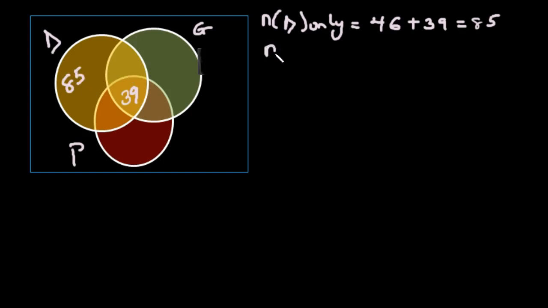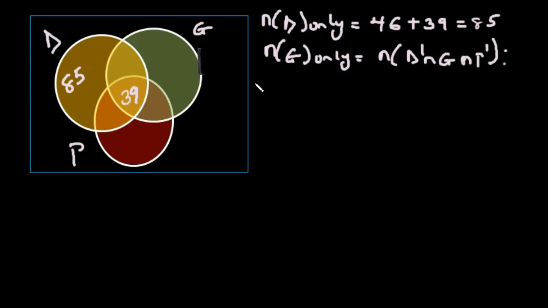So we have the number of people who read G only. You can also write this as number of people who do not read Daily Times but read Guardian, do not read Punch. So what will be our answer? We know that is 13 plus x. And that will give us 13 plus 39, which will give us 52. So we can write that here as 52.